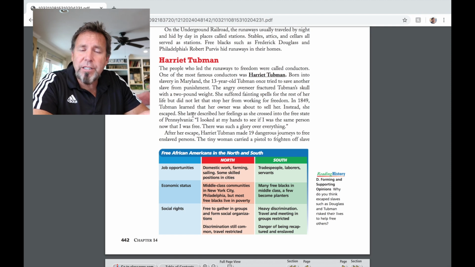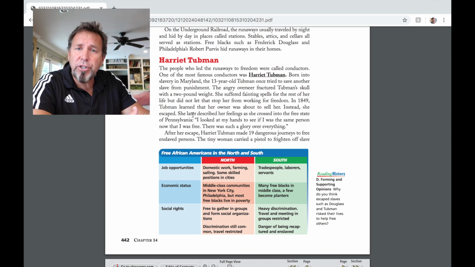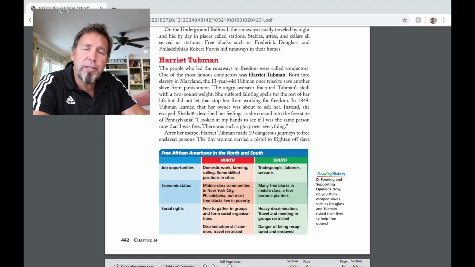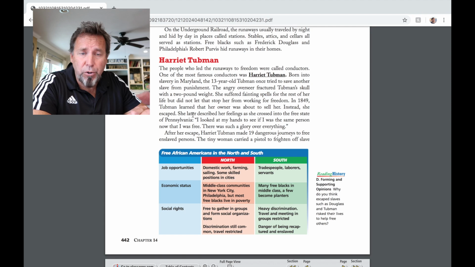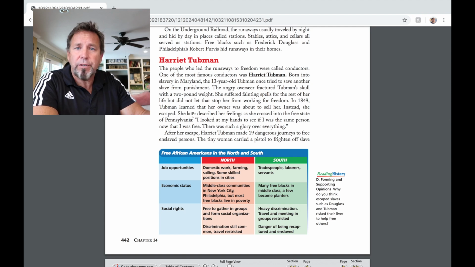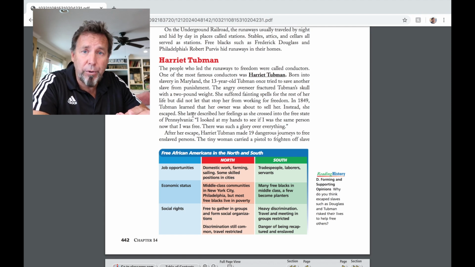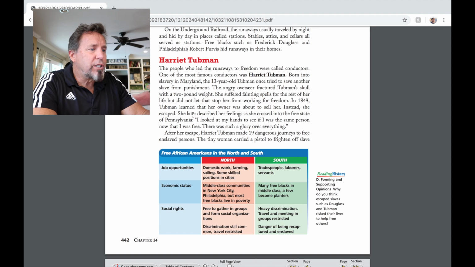She became so successful at helping people go from station to station and escape the South that there ended up a $5,000 reward for her capture. Today that would be something like $50,000 if you could catch Harriet Tubman. She did it when she was relatively young, but she disguised herself as an older woman when she was in the South.